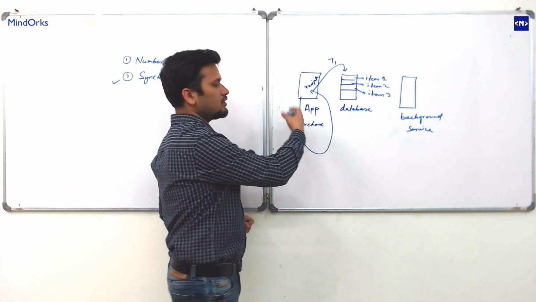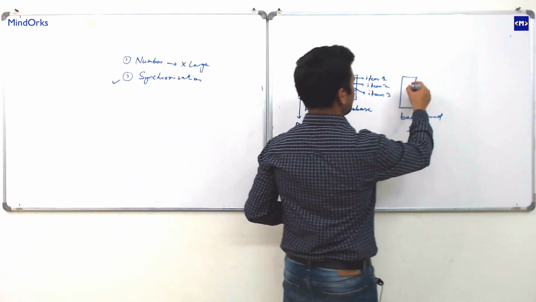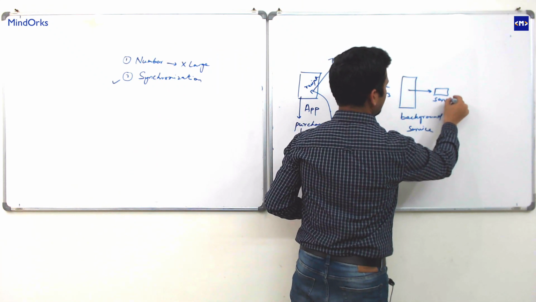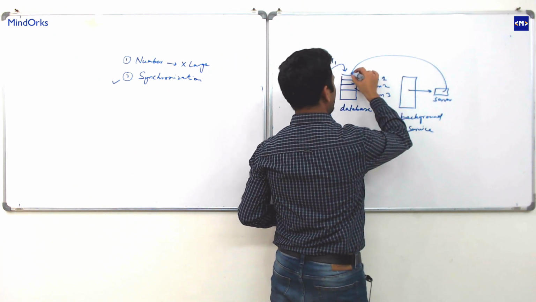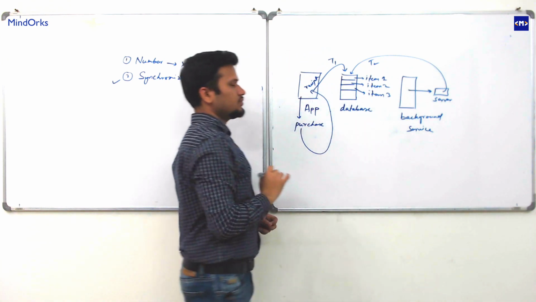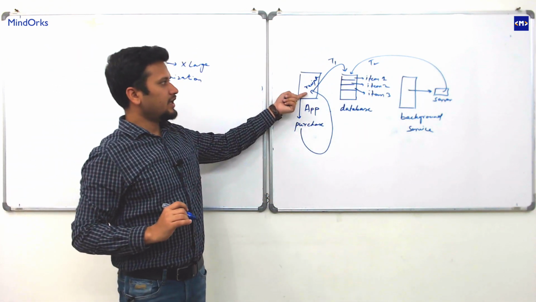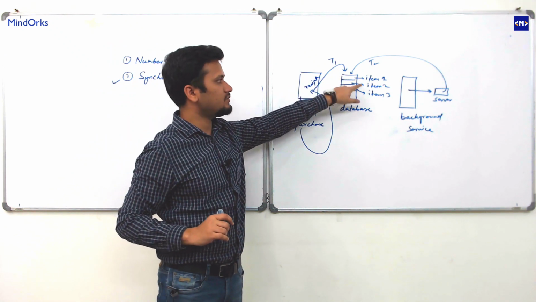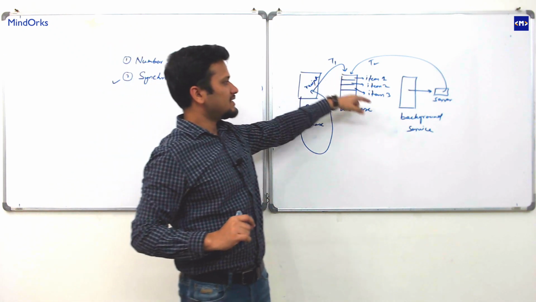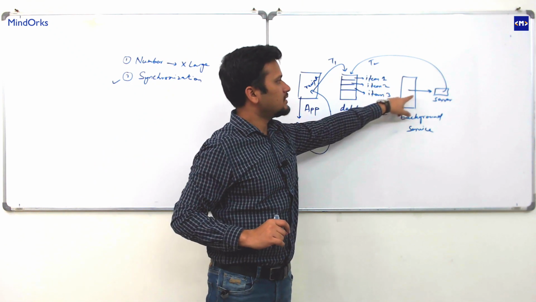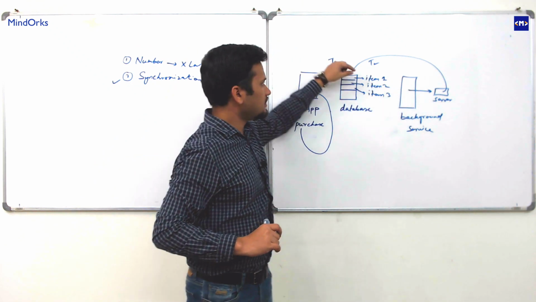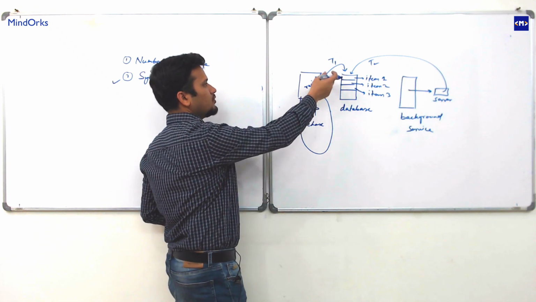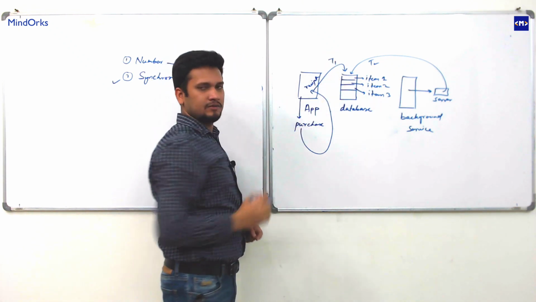So while you are doing all these things, your background service went to the server and got the new prices and updated them. This was thread 2. So while you are creating the receipt using thread 1, you are calling the database to get the prices of various items, and at the same time a background service gets these prices from the server and started writing these new prices. So this receipt will now be generated with the new price.